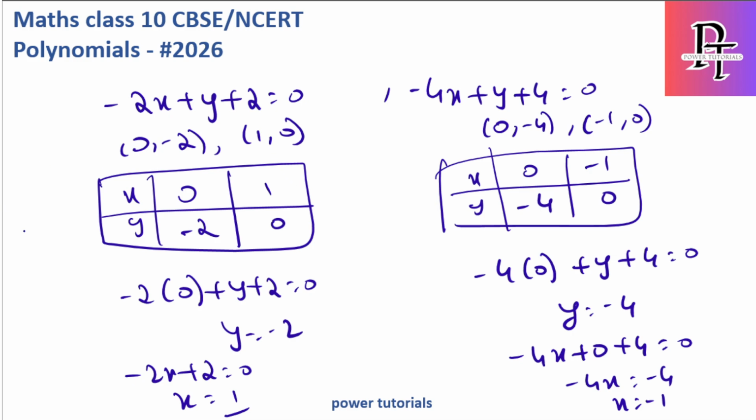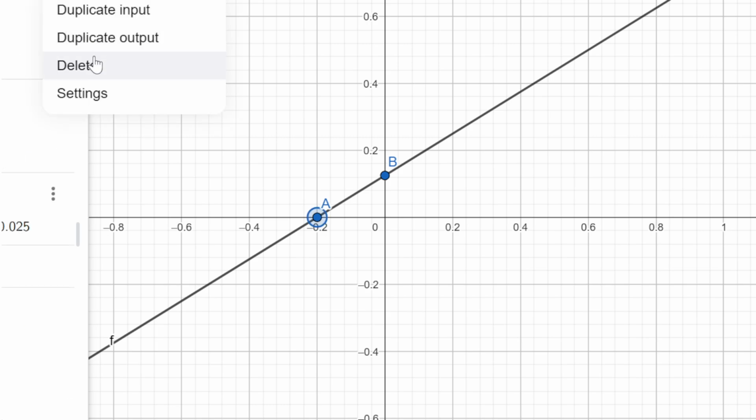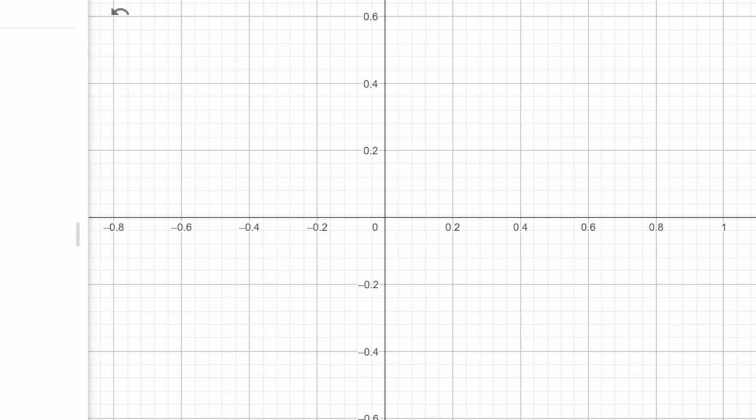Let's plot it in the graph sheet, the example which I told you. So just delete the previous points. Let's plot the first one, 0 comma minus 2. So x is 0, y is minus 2, and the second point, x is 1, y is 0.